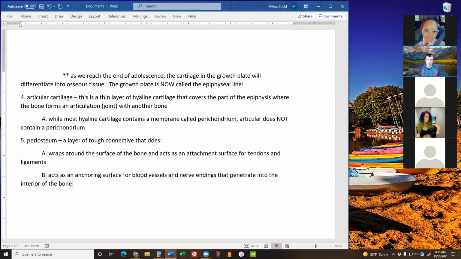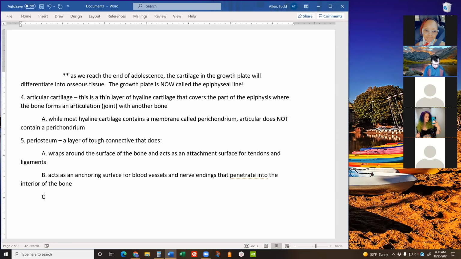If you're in an internal room, you might not have a window, but I bet you have a door, right? So the wall provides an anchoring surface to hang a door so that you can enter and exit the room and have some privacy when you want. The periosteum is kind of like that. It provides an anchoring structure to tack down the blood vessels as they go through the interior anatomy of the bone.